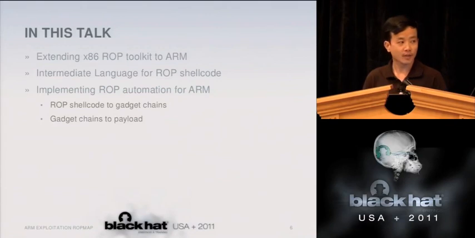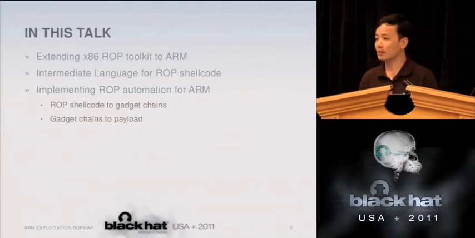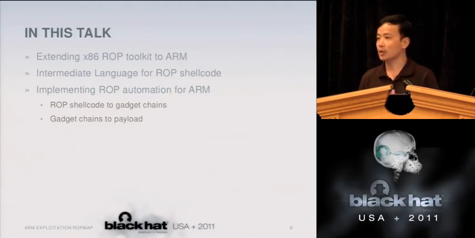First one is how to extend an available x86 ROP toolkit to support ARM architecture. The second one is that we will present an intermediate language for ROP shellcode writing. So you now have an easy way to write ROP shellcode and convert it to the payload automatically.